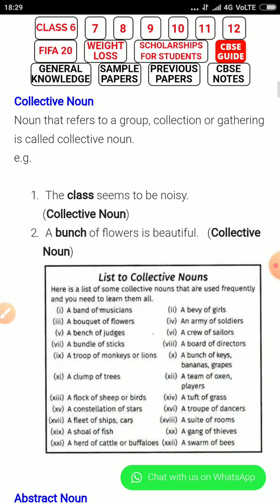There are some collective noun examples. Different collective nouns have different names. Like we cannot say a bunch of musicians.